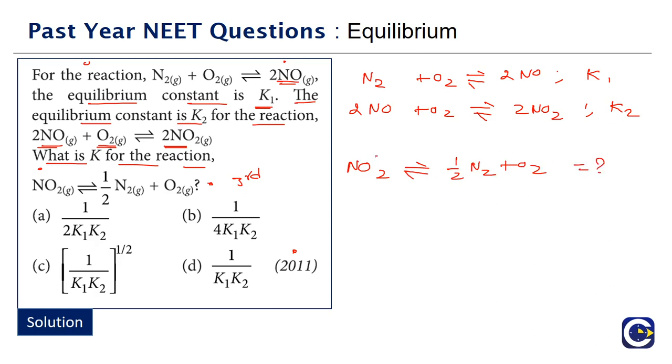Now this is a problem based on modification of the equilibrium constants. The idea is, if you have the first reaction and the second reaction, we somehow modify them and arrange them such that when we add the modified equations, we get the unknown equation.